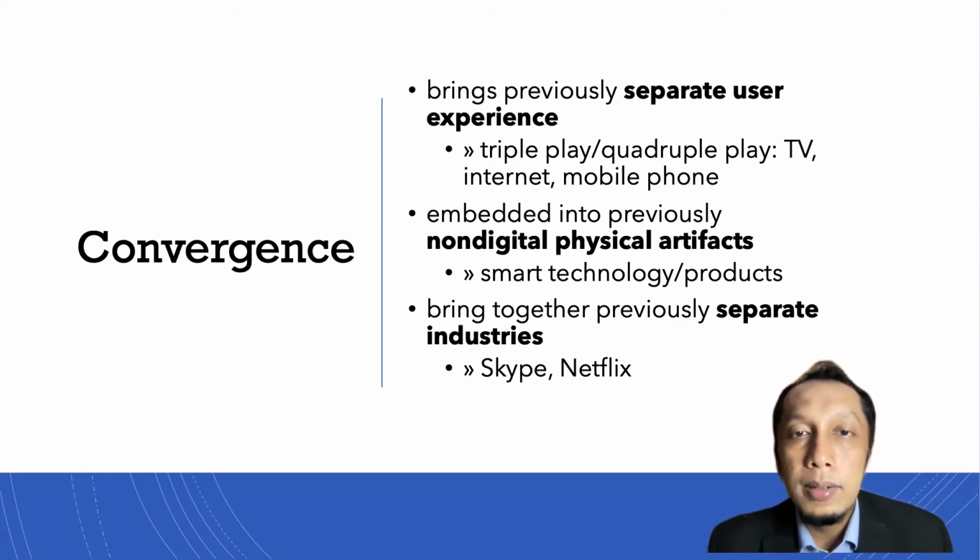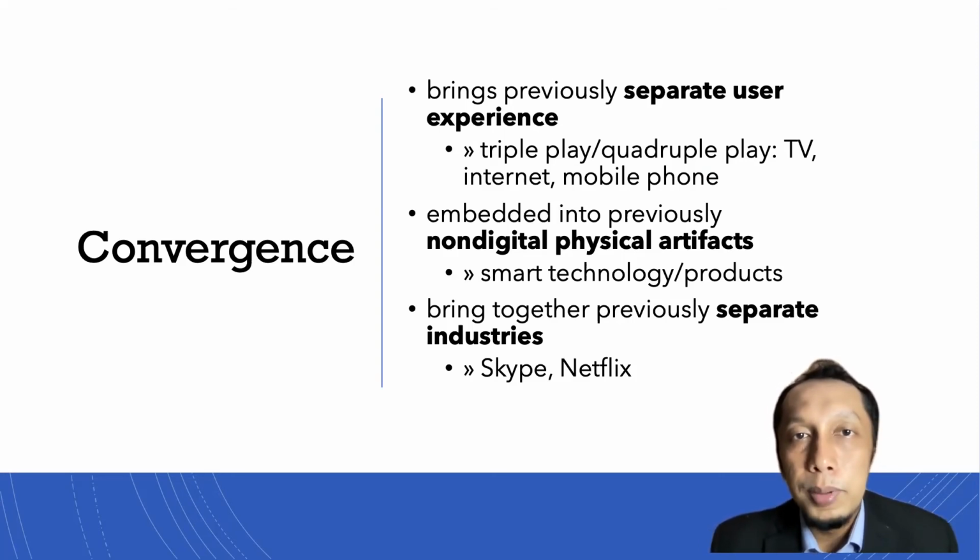Convergence also means that digital technology is embedded into previously non-digital physical artifacts. This is what we call smart technology or smart products. Let's say you have a fridge, a refrigerator. It is a relatively traditional, non-digital technology.